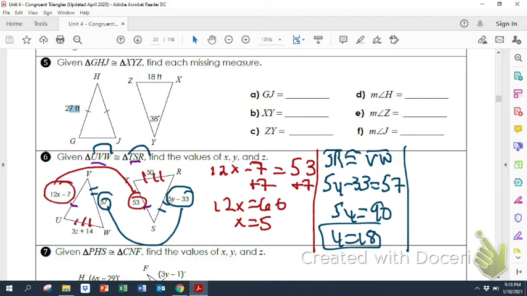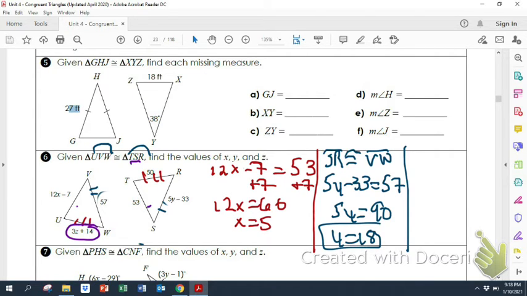All right, now we've got our z to think about. So let's erase some of all this business here. Okay, so we're still looking at z, and where's my z here? Okay, looking at z, we know that here is z down here, and we can write the congruency statement of UW is congruent to TR.